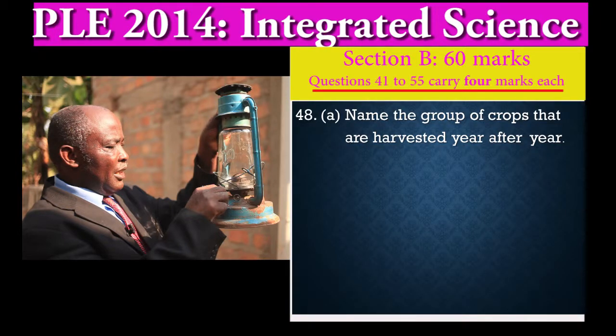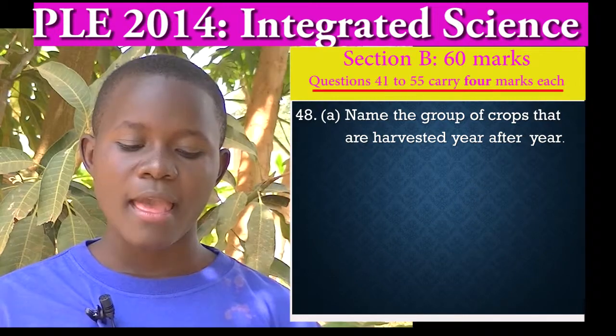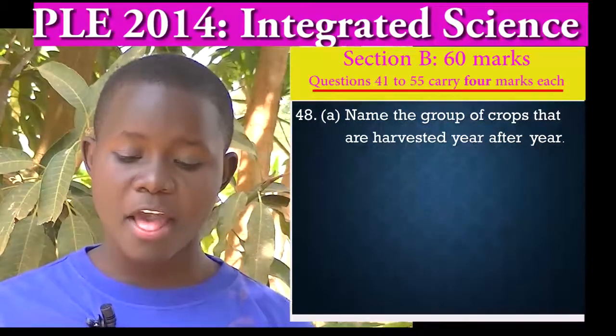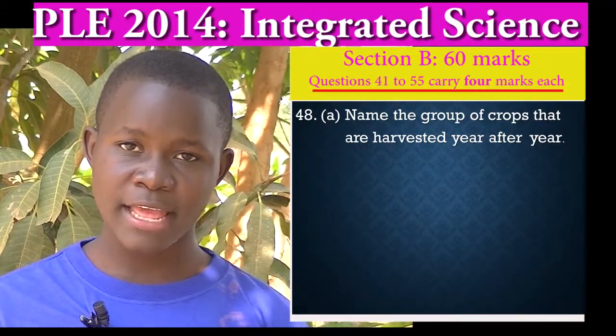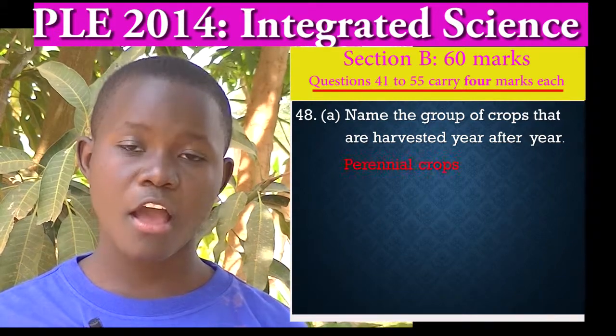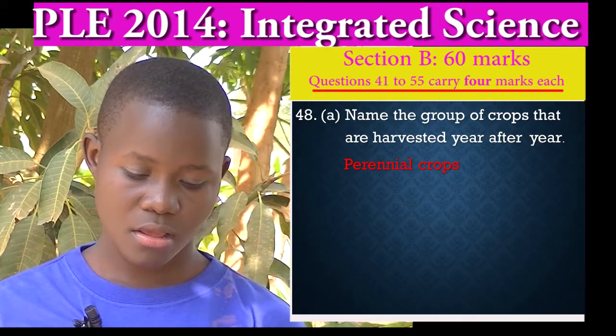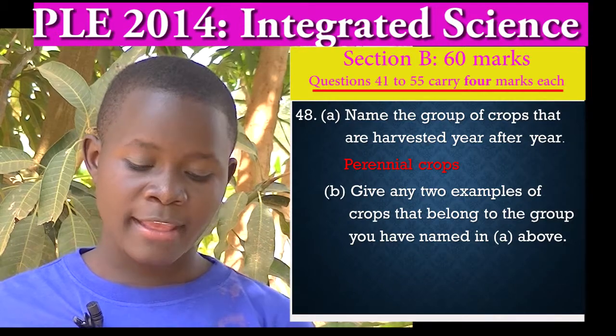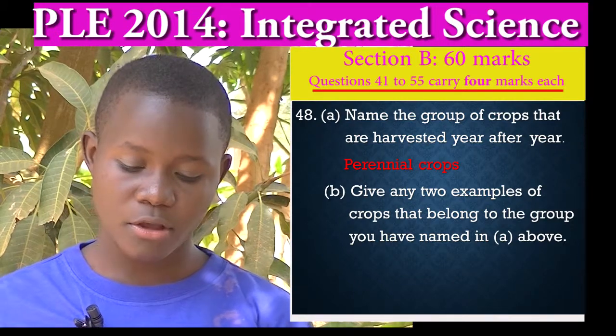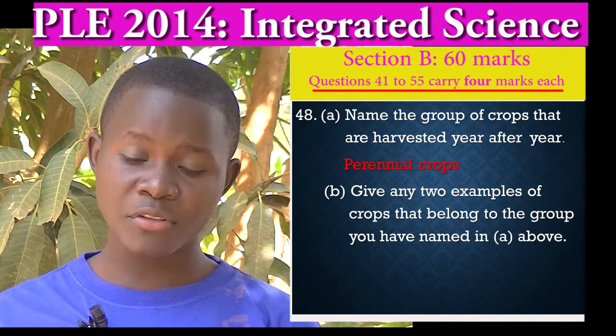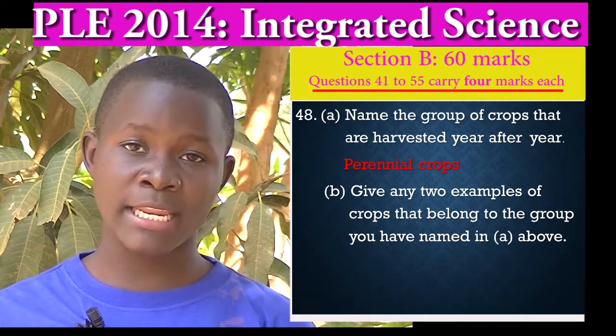48. A. Name the group of crops that are harvested year after year. Perennial crops. B. Give any 2 examples of crops that belong to the group you have named in A above.